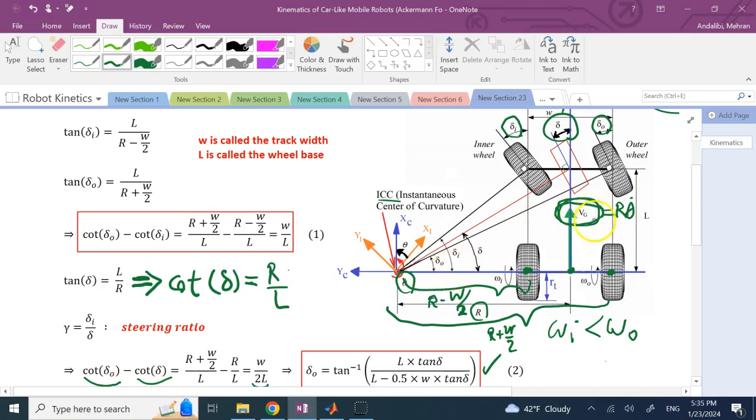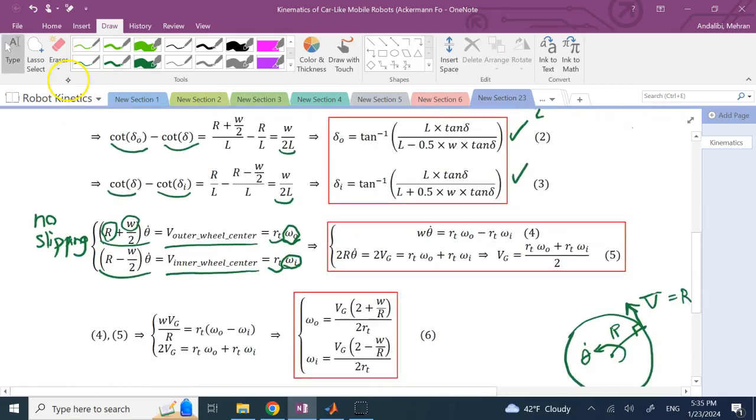And the condition of the road. So this Vg is one of the parameters under your control. So here we have to add another formula, and that is Vg equals r times theta dot.